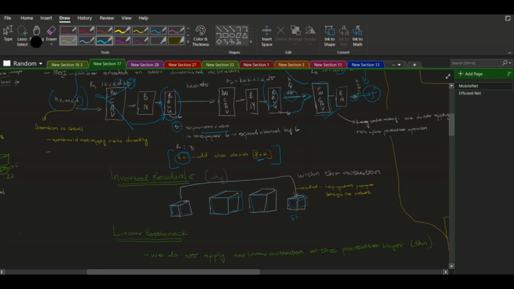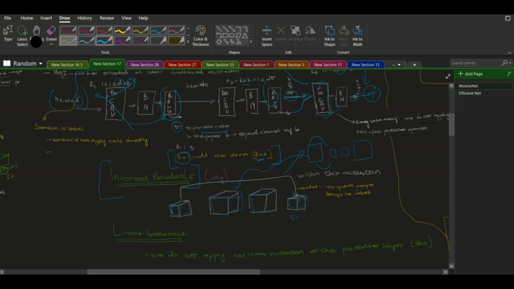They call this inverted residuals, because I think in the previous paper they had something like this. These blocks were huge, right? But now it's the opposite, it's reversed. So you see these small blocks are outside, the big ones are inside, right?